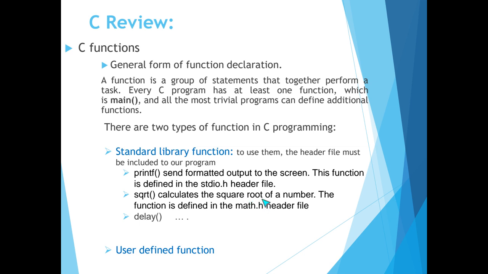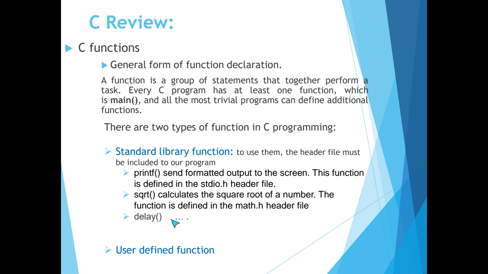And if we don't use this header file, then this program will not be executed or will have an error, because for a standard library function, the library header file should first be added to our codes.